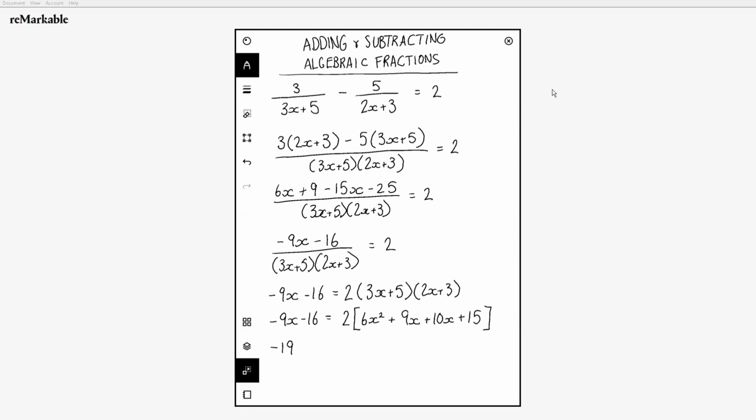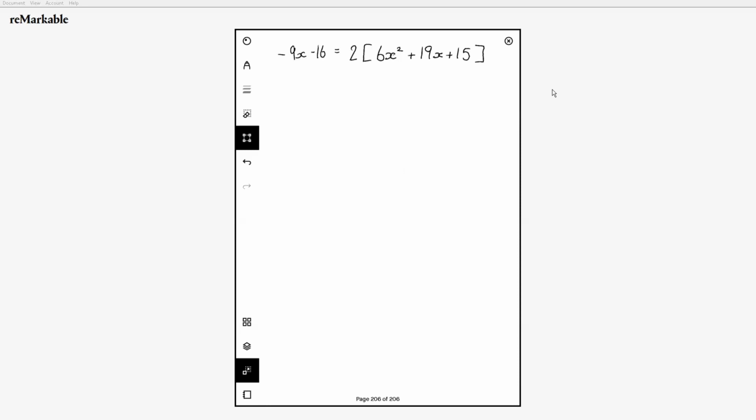Simplify what's in the square bracket first of all: 6x squared plus 19x plus 15. Now we need to multiply everything in the square bracket by 2. So 2 times 6 is 12x squared plus 38x plus 30.